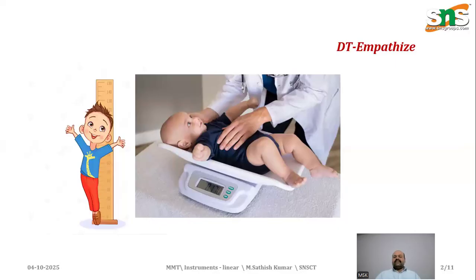Likewise, this analogy holds good for all the manufacturing components we manufacture for getting a car or any other component. We need linear measuring instruments. I hope you understood what linear measuring instruments are and why we require them.